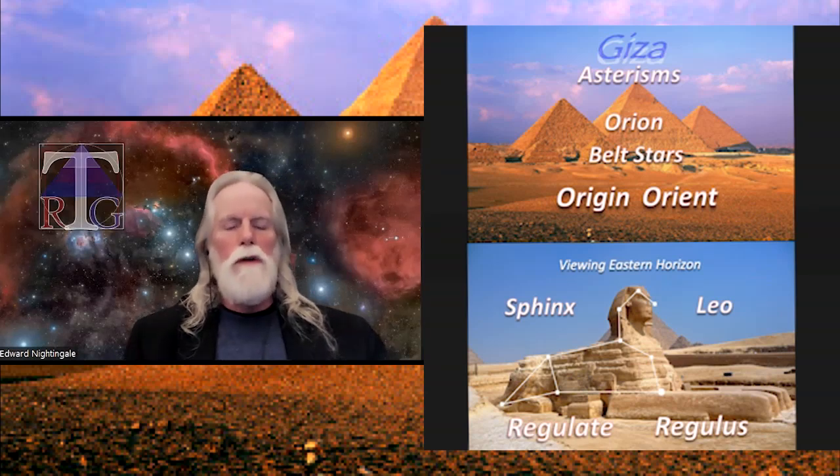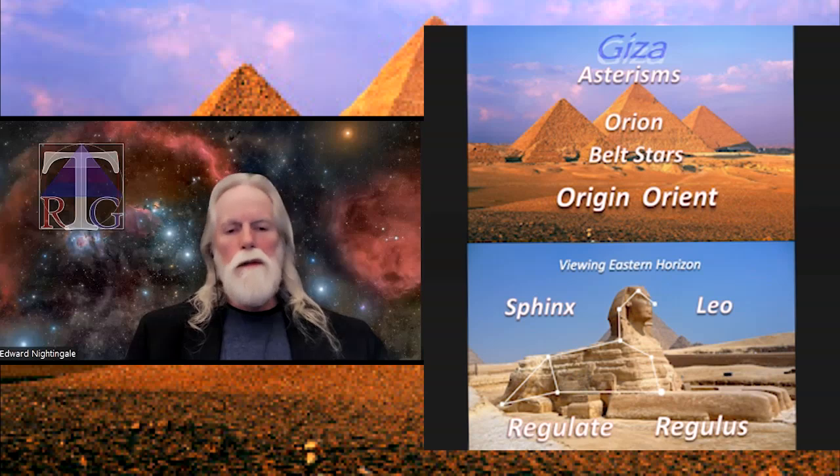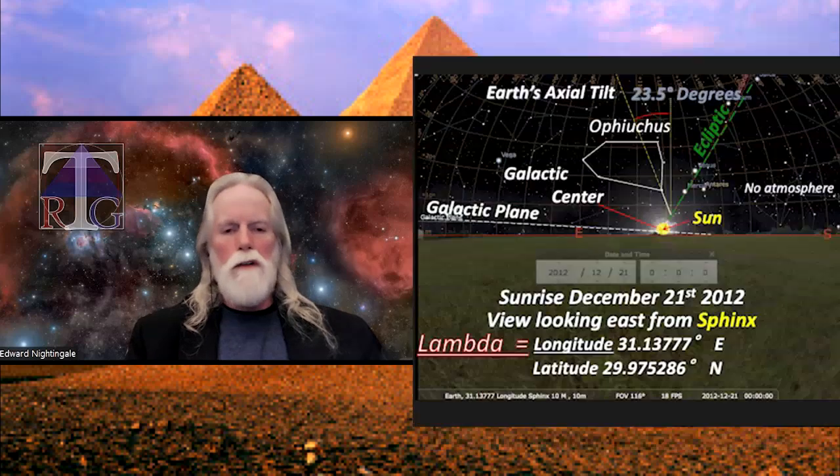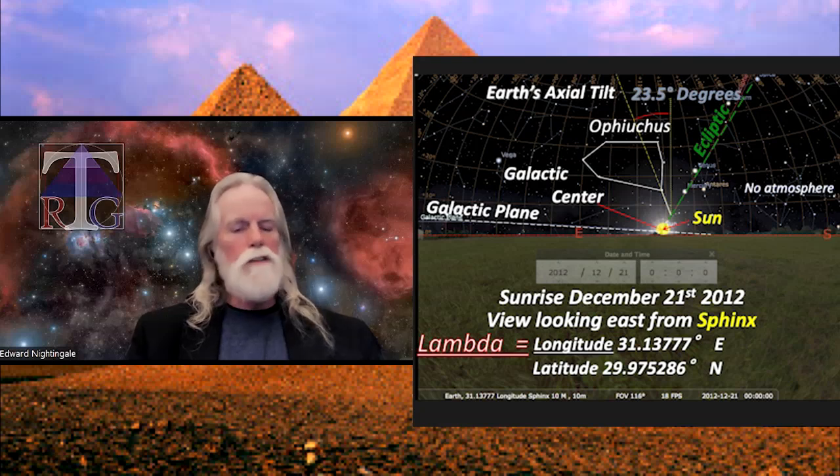Velikovsky tried to reconcile the calendars by finding one event that could be clearly marked on all the calendars. Well, he just didn't think to look at the year 2012 and the galactic alignment. That is the realignment for all the calendars and all the measure of time.